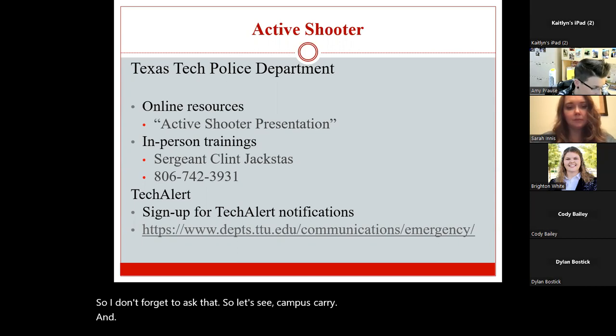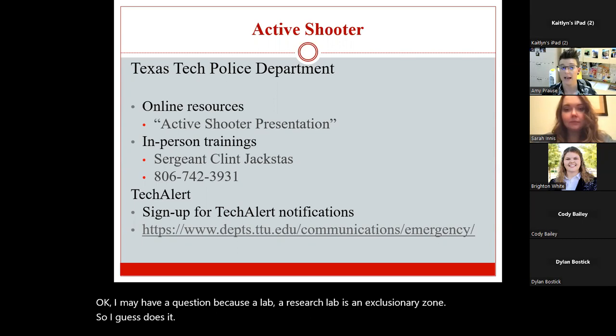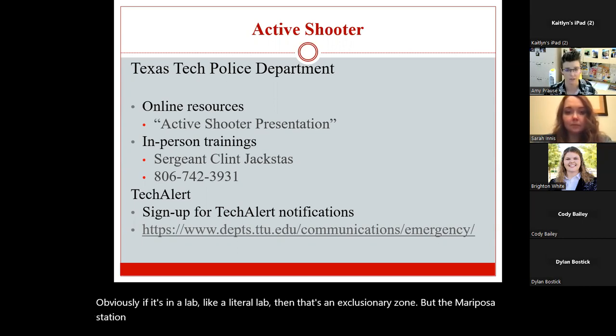Okay, well, actually, I may have a question because a research lab is an exclusionary zone. So I guess we would need to think, obviously, if it's in a lab, like a literal lab, then that's an exclusionary zone. But the Mariposa station could be the question in this.